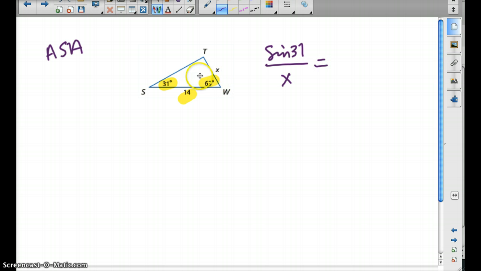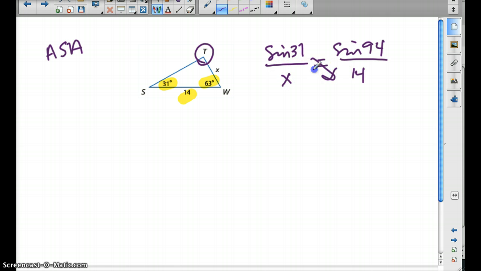We can't use the sine of 63, can we? Because we don't have anything here. So can we find this missing angle? If we subtract, we sure can, and it ends up being 94. Sorry, I had to pause and do my math for a second. So the sine of 94 over, and then we have 14.